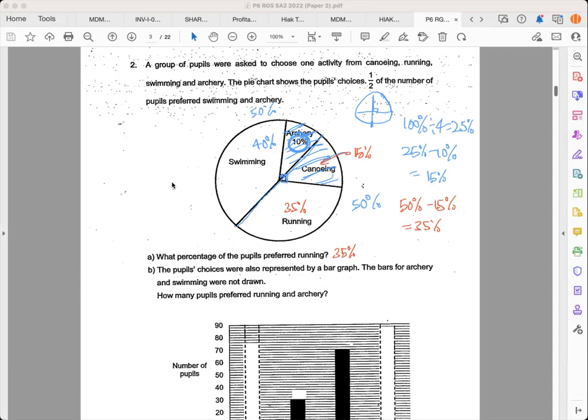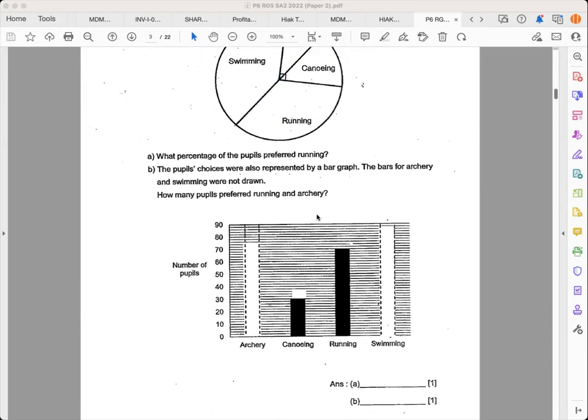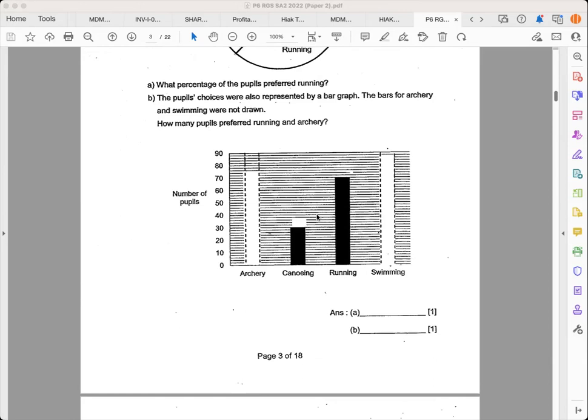The pupils' choice were also represented by a bar chart. The bars for archery and swimming were not drawn. How many pupils prefer running and archery? So let me clear up these and push the diagram up a little so that I can teach you how to do part B. Okay, right now, this is 35%.